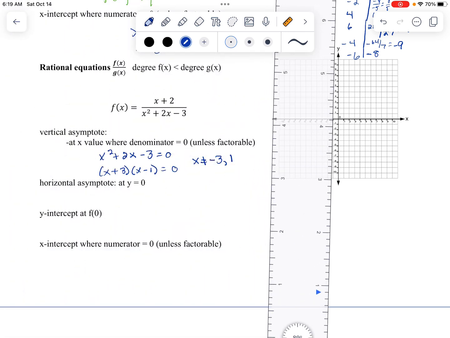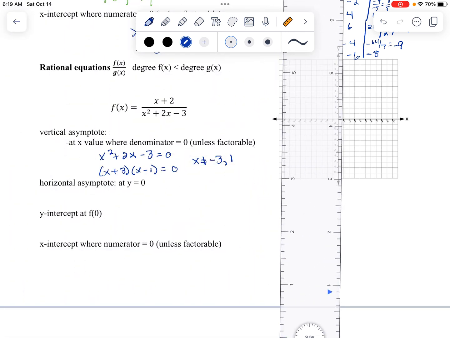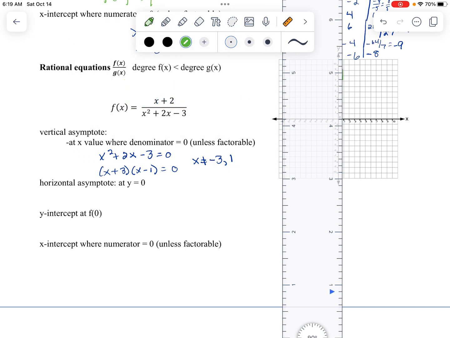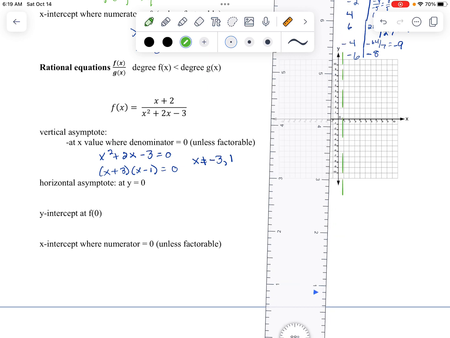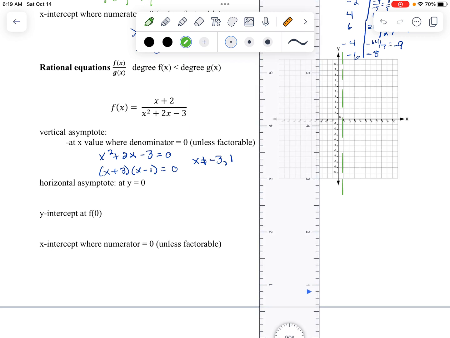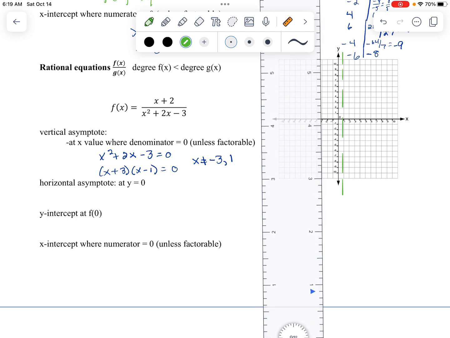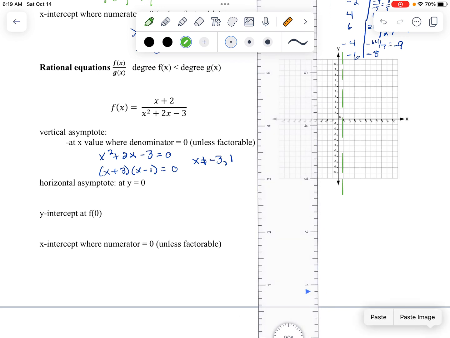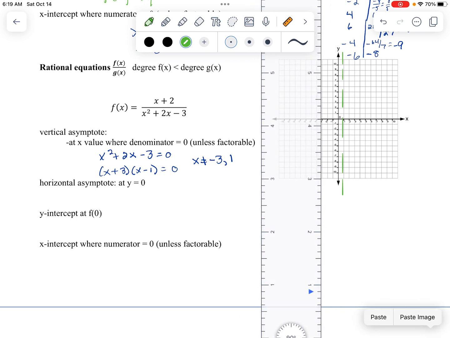So we want to draw our asymptotes. And here they are. Sorry, this is hard to get straight.